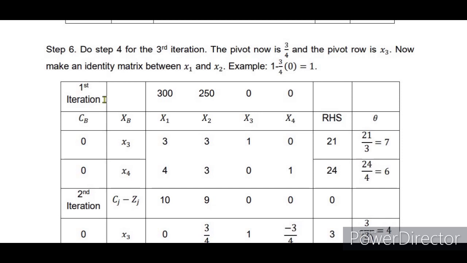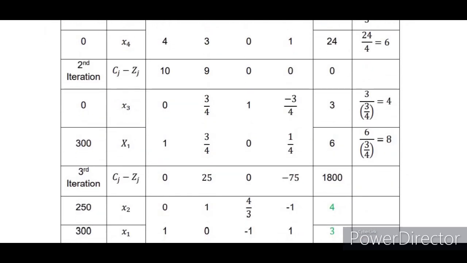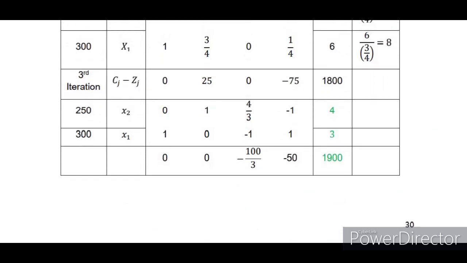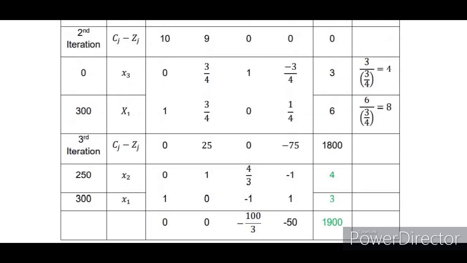So step number 6. Do step 4. So we will just repeat step 4 for the third iteration. So the pivot now is 3/4 and the pivot row is x sub 3. Okay, so we go now to the third iteration, using the second as our reference for the third iteration.